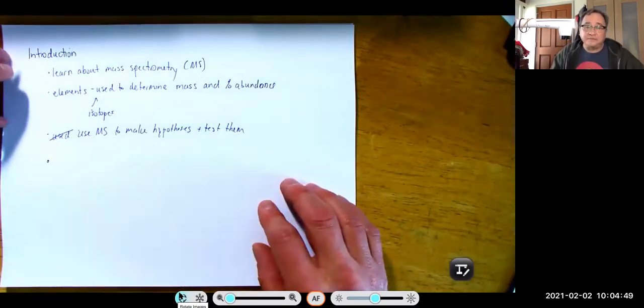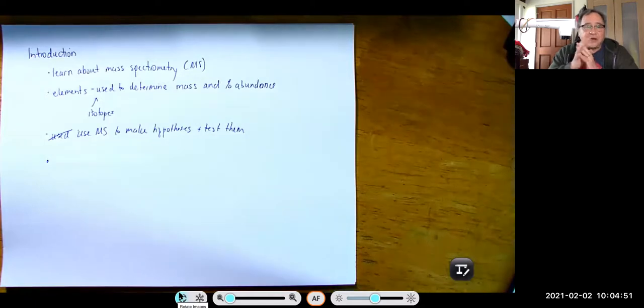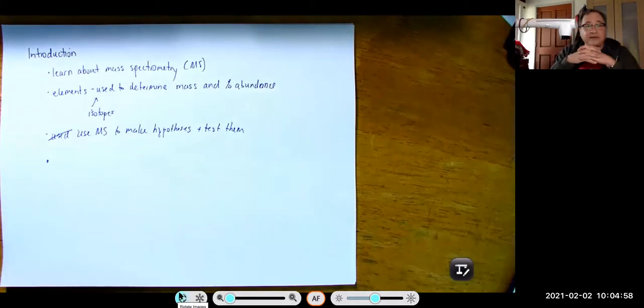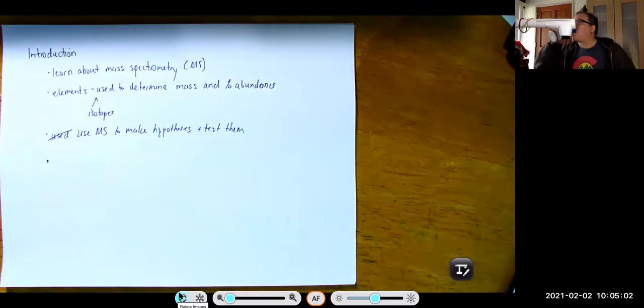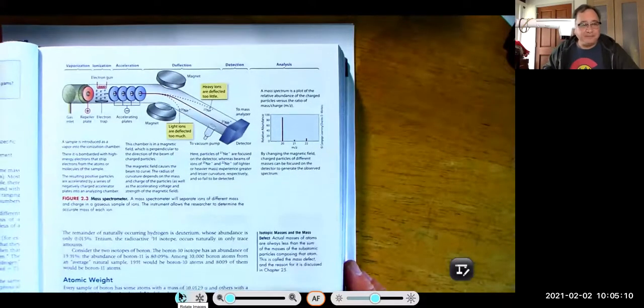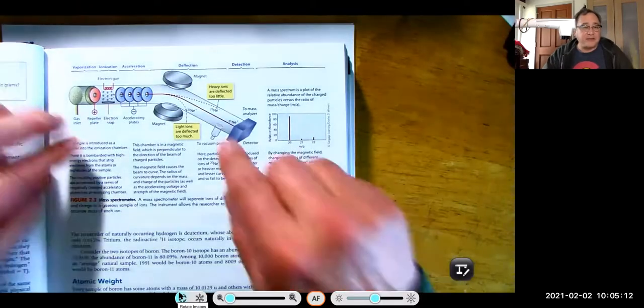now. So to talk about that right now, I'm going to have to bring out my book and show you an image from the book on page 63. All right, so here's my book, page 63, and this is a cartoon of a mass spectrometer.